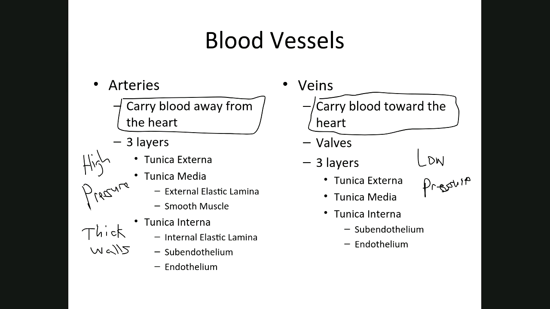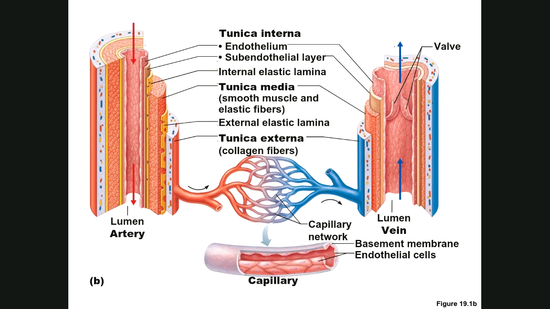And so the walls don't have to be thick, and they're not. They're very thin walled. So if we look at an artery, look how thick the wall is here. It's that thick. But if we look at a vein, look, it's much thinner. It's that thick.